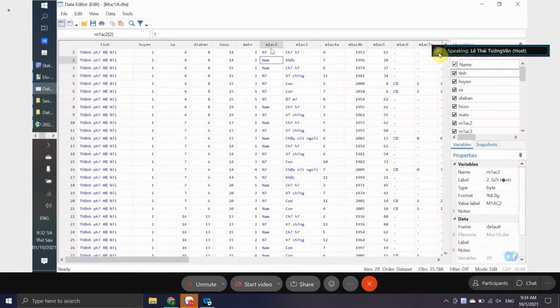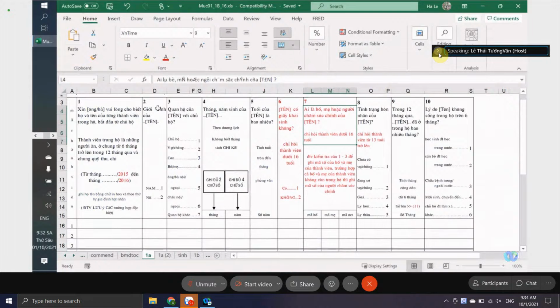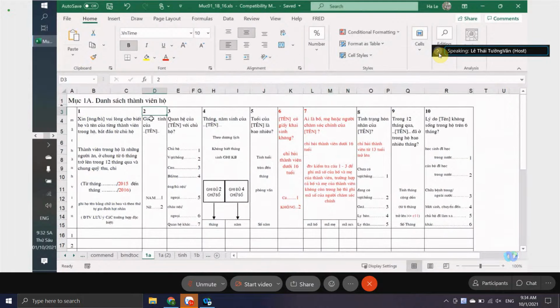That is the gender, nữ, nam. See? This is the gender of the individual. And if you take a look at the Excel file, you will see that question number 2 is about gender.